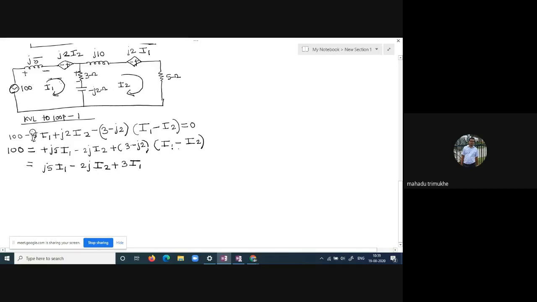Again 3 you have to multiply by minus I2, means minus 3 I2. Again minus J2 you have to multiply by I1 is minus J2 I1. Again minus J2 multiplied by minus I2, minus minus will get plus, means plus J2 I2.